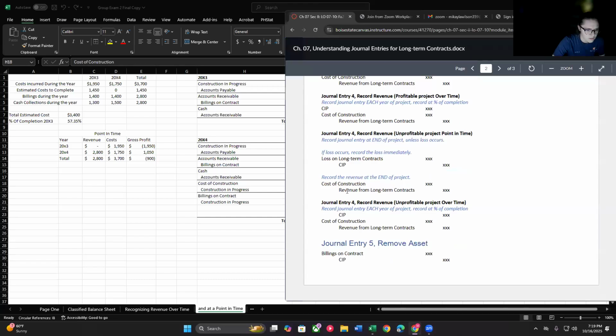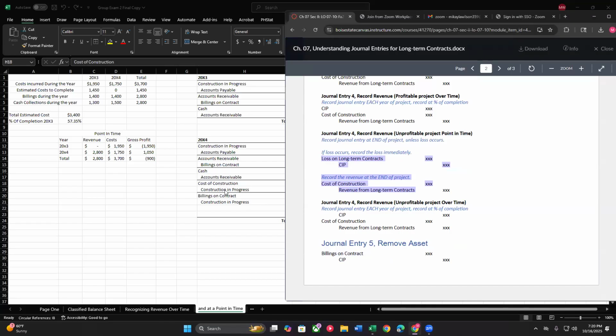Oh, that's our issue right there. Technically it is a loss overall. So we should have these two in there instead of the cost of construction and the CIP. So it's split out. Yeah, so we have the loss recognized as well as the revenue in both of those. Okay, and that should balance it out, huh?